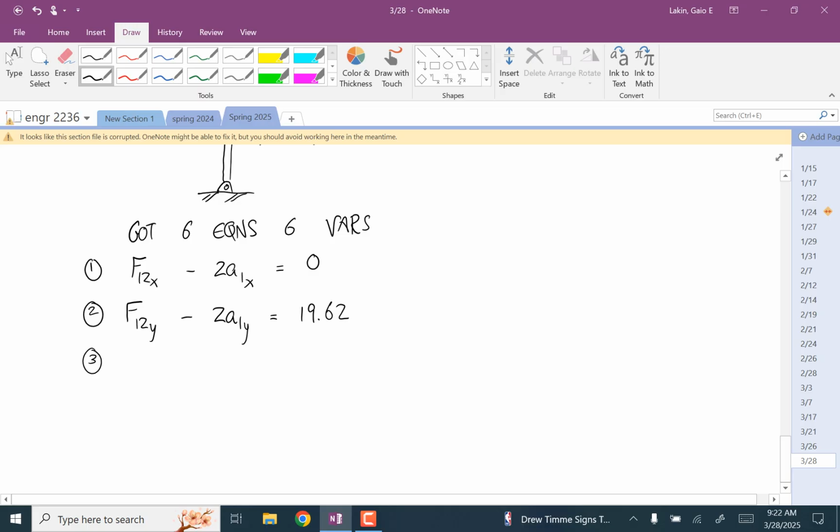Our third one, 0.25 f12y minus 0.0416 repeating times alpha 1 is equal to 0.